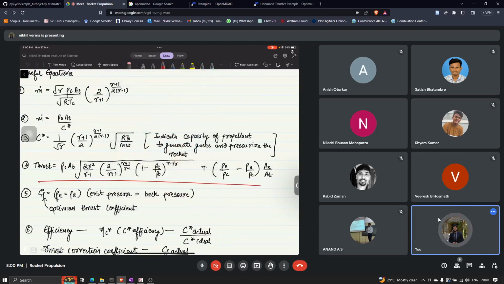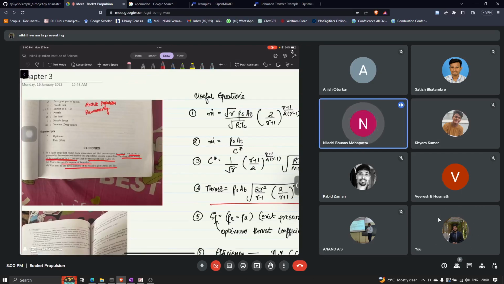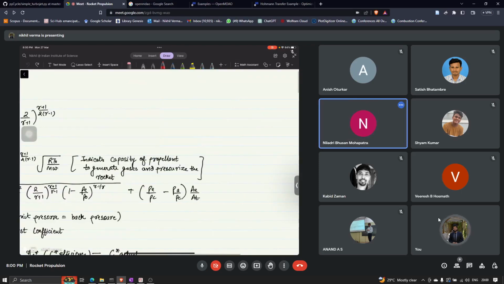So this is your CF. Which term are you getting as negative? This part, the right side, PE by PC. You have written (PE minus PA) by PC, A into AT. Yes, this term I am getting as negative.